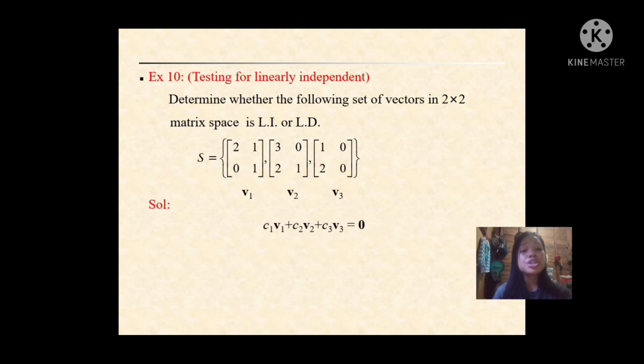For the solution, c sub 1 v sub 1 plus c sub 2 v sub 2 plus c sub 3 v sub 3 equal to 0.